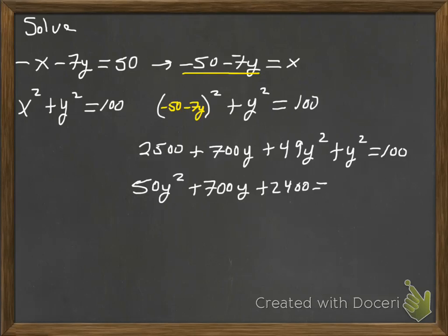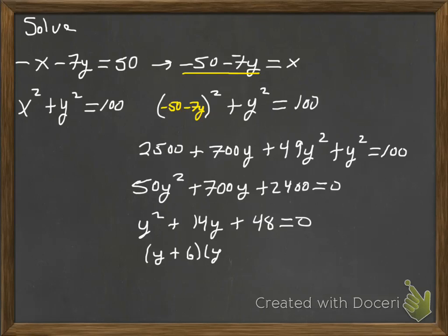Everything is divisible by 50, so 50 divided by 50 is 1, so 1y squared. 700y divided by 50 is going to be 14y, and then 2,400 divided by 50 is going to be 48. This factors into y plus 6 and y plus 8. So that's going to give us y equals negative 6, and then y equals negative 8.